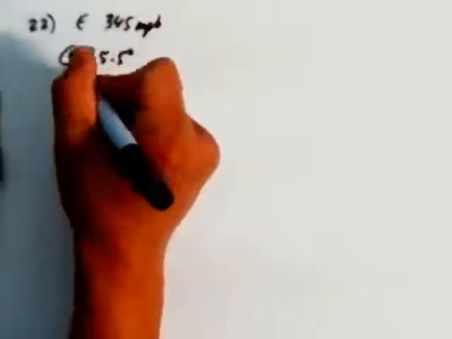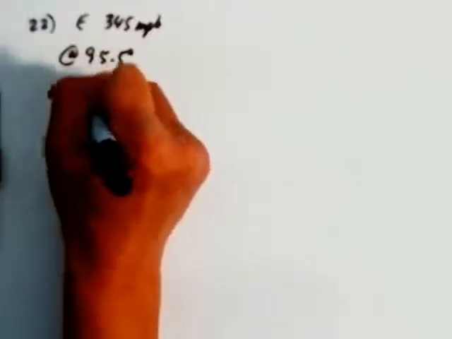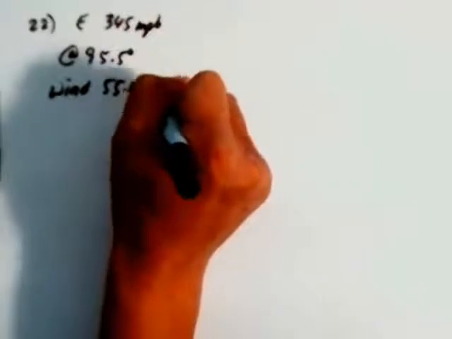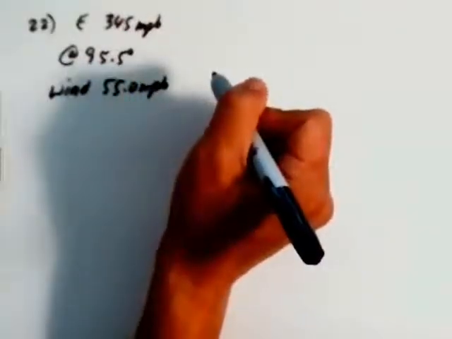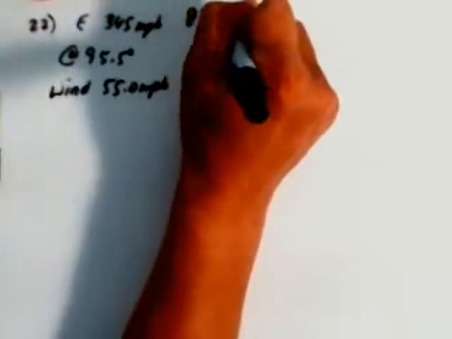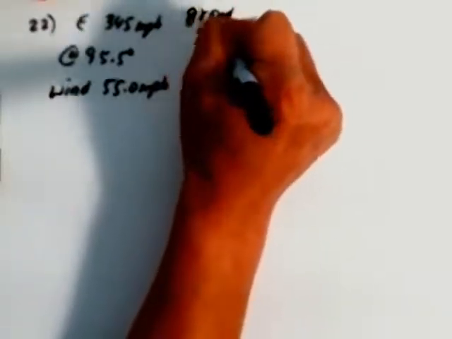If the wind speed is 55.0 miles per hour, what are the possible ground speeds of the plane? So ground speed, question mark. Okay, so there's lots of ways to do this.